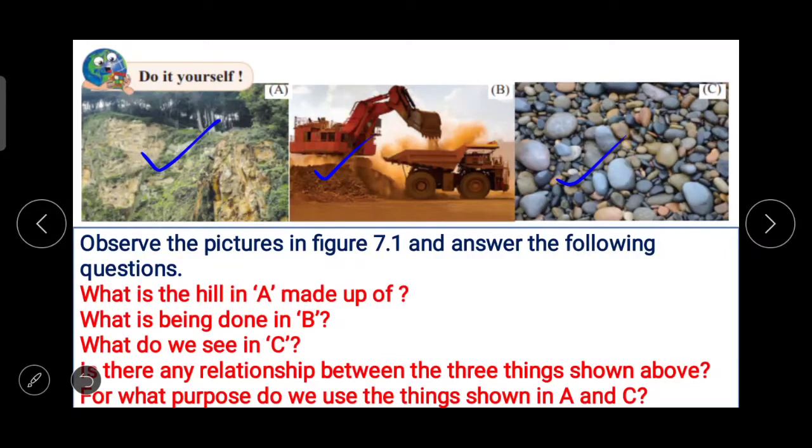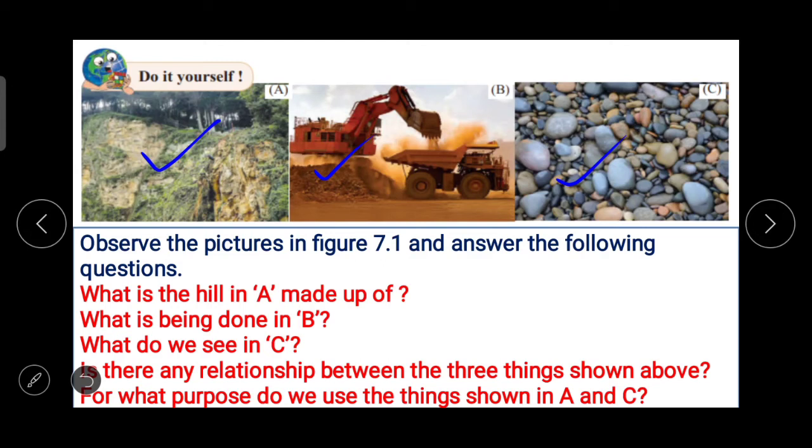Two more questions. Is there any relationship between the three things shown above in the figure 7.1, A, B, C? So, is there any kind of relationship between the A, B and C? And the last one, for what purpose do we use things shown in A and C?